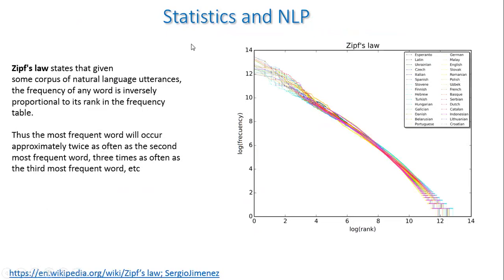Now, you may be wondering how this statistical approach works at all. As I said, we are completely ignoring grammar, but no two human beings will ever make sense to each other if they only speak words where they have completely stripped out all the punctuation and all the stop words from each sentence that they are saying.